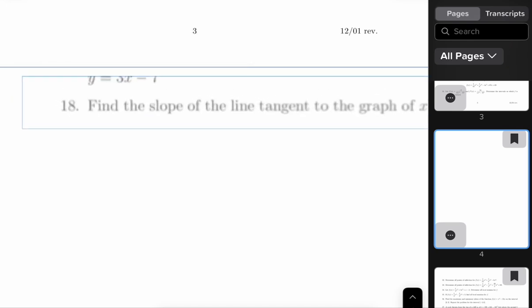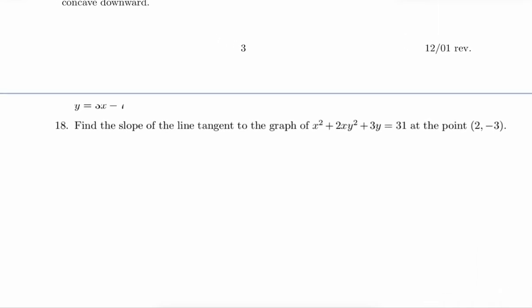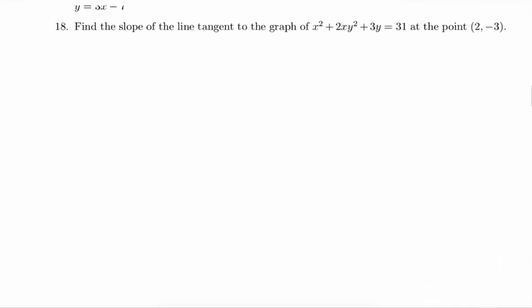So it says to find the slope of the tangent line at the point. We're going to actually find the equation of the tangent line. Okay, so we're going to do both. We're going to find the slope, yes, but we'll find the actual equation as well, okay? So the first thing we do is exactly what we did in the last problem. You have to find y prime, okay?